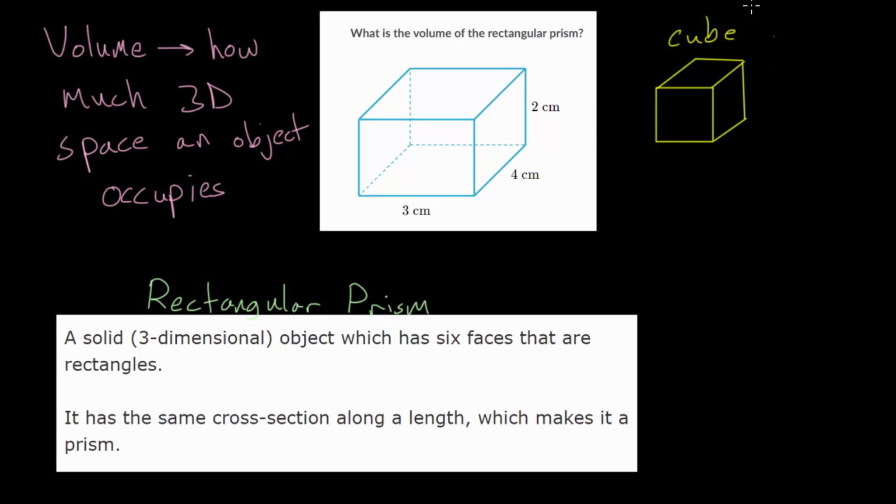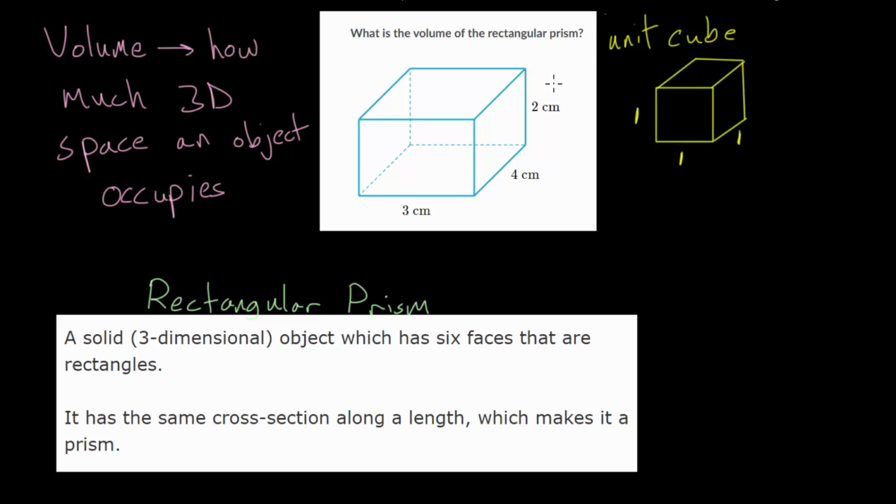Specifically for this video, we're going to look at what's called the unit cube. With the unit cube, every side length will have length 1. So this is a 1 by 1 by 1 cube. And the idea of volume is to figure out how many of these can fit inside of the object.